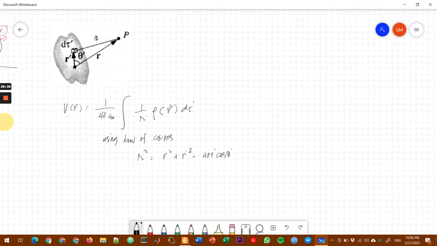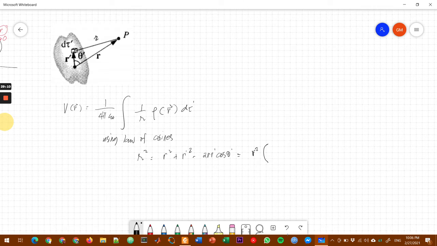Okay, so again, the same process. We take out the r squared from the equation. So the common factor is r squared. We factor out r squared because we can make an approximation, as we will impose that the r itself is much greater than r prime.